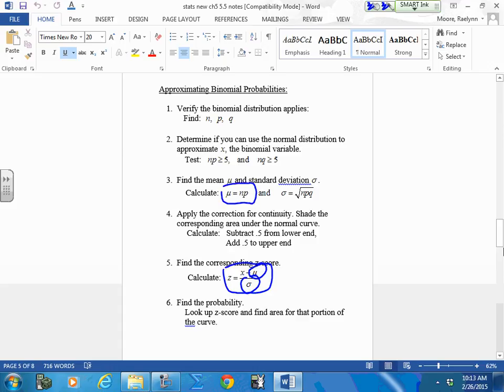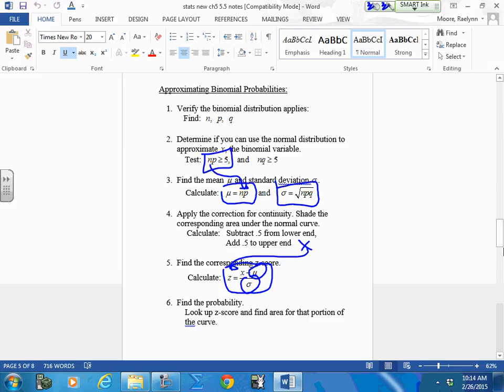These are the two formulas that we're going to use to come up with your mean, your standard deviation. This is probably why we always test this one, because that becomes your mean. N times P, as soon as you calculate it, that's your mean. And the rest is, we do the same thing. If we correct this for continuity, which we've been doing, that's the x value with the correction that we just plug into your z-score.